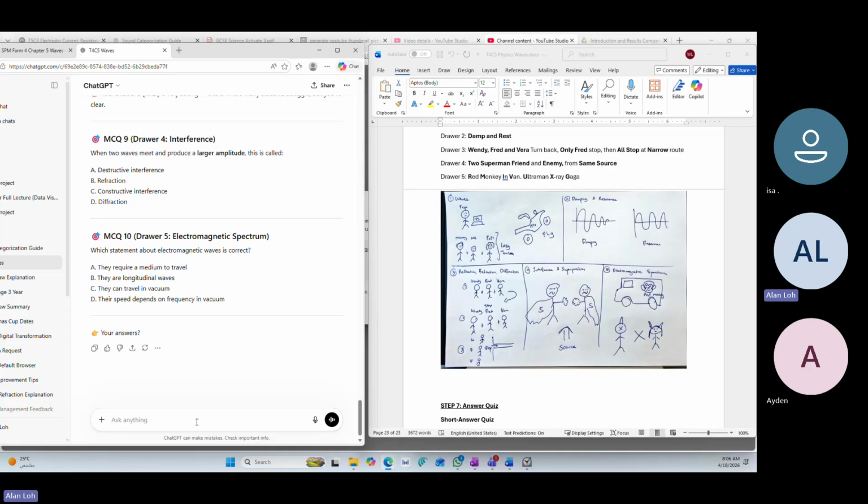Last set, 9 and 10. Very exciting to see if we are going to get this right again. When two waves meet and produce a large amplitude, it is called.